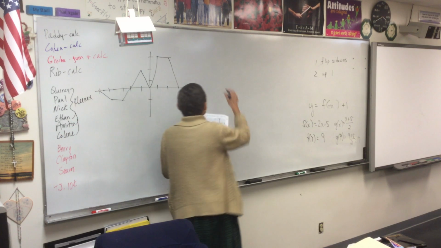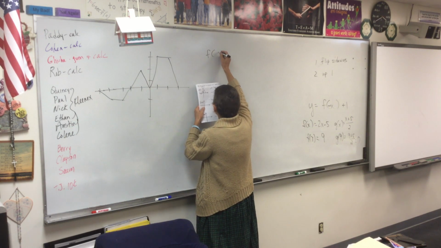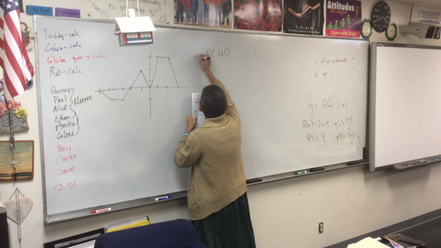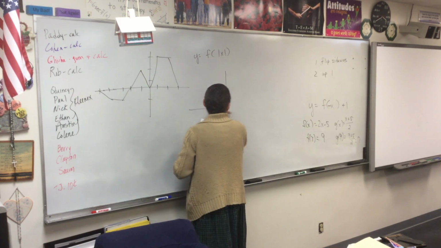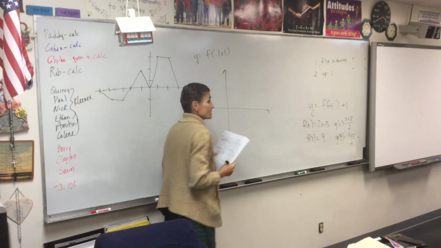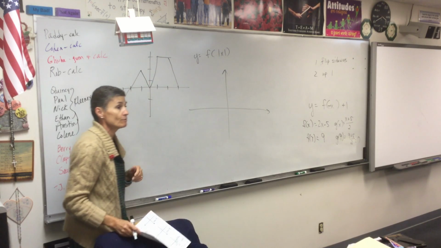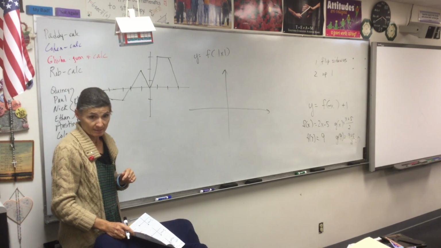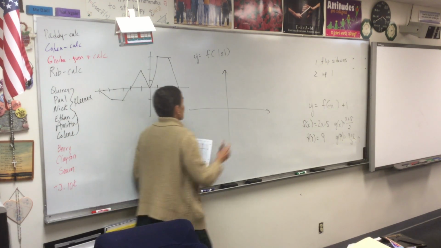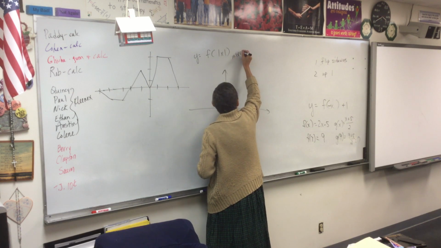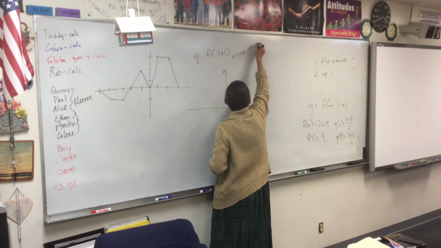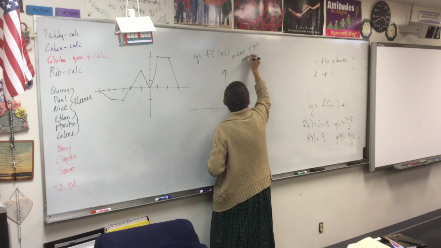So A says f of the absolute value. All right, so what happens when we take the absolute value of the x? That's a mirror. That mirrors the right side onto left. So mirror right onto left.